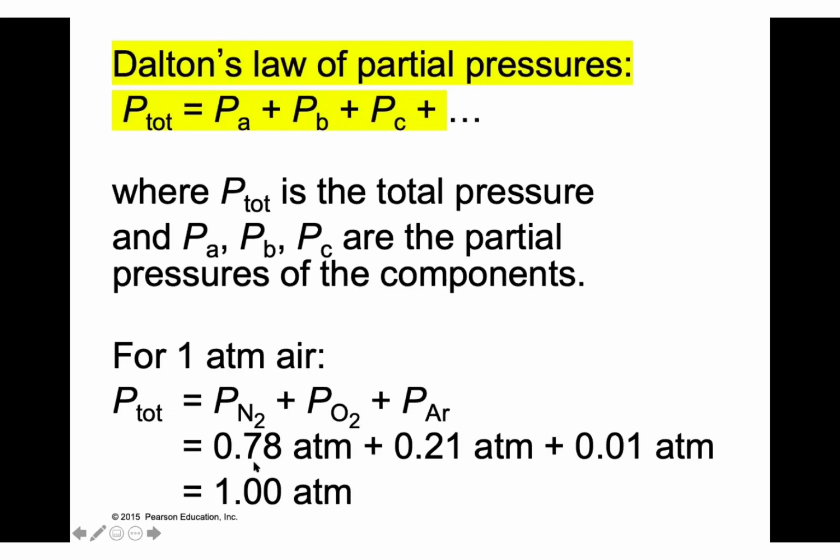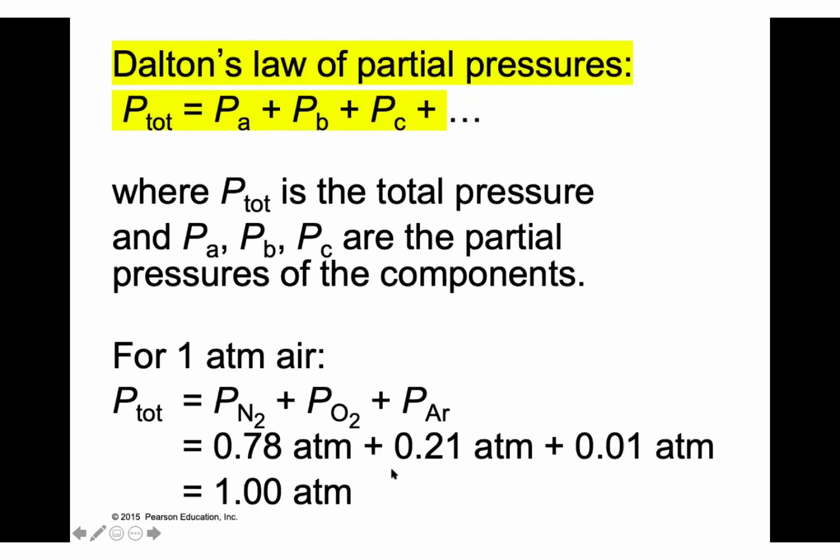So you will see that if I assume this is the partial pressure of my N2 here, I just write a fraction of it in atmosphere. They already gave me the partial pressure for oxygen, and they also gave me this one in the question.